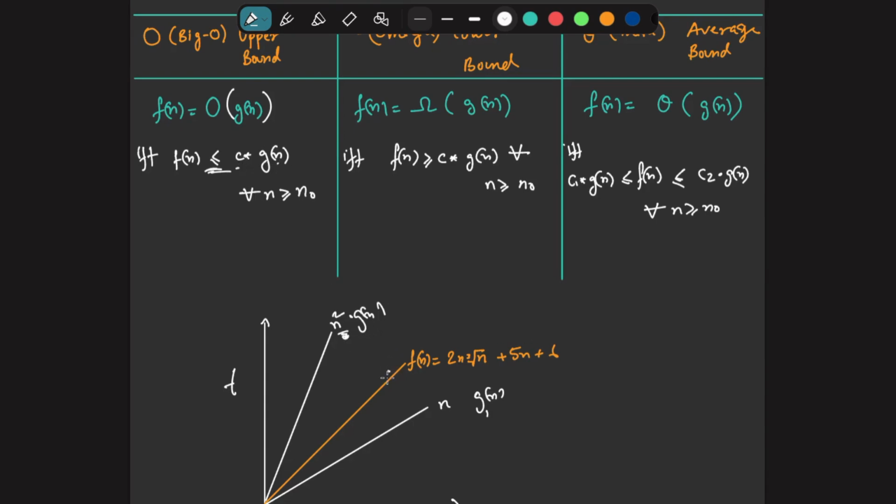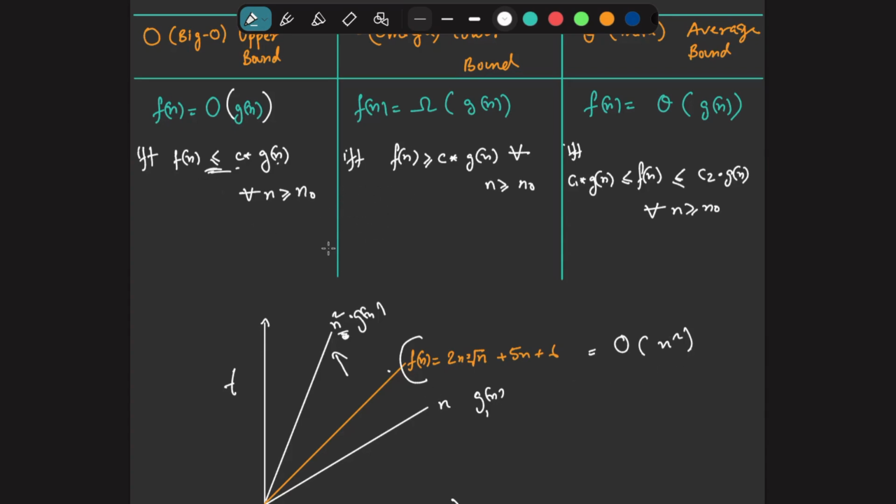So this is our g of n for this. This is our f of n, and we can see f of n is lower, so f of n is lesser than g of n. So we can write it as big O of n square.